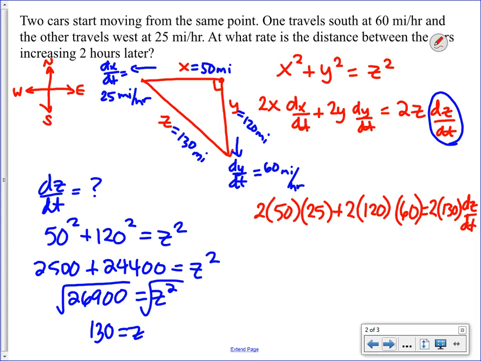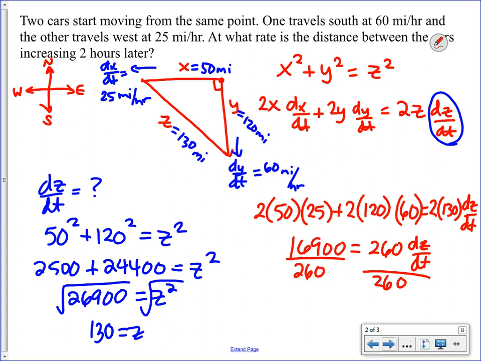All right, so basically we're going to clean up the left side. That's going to give us 16,900 equals 260 dz/dt. Divide by 260. And that actually works out to 65 miles per hour.